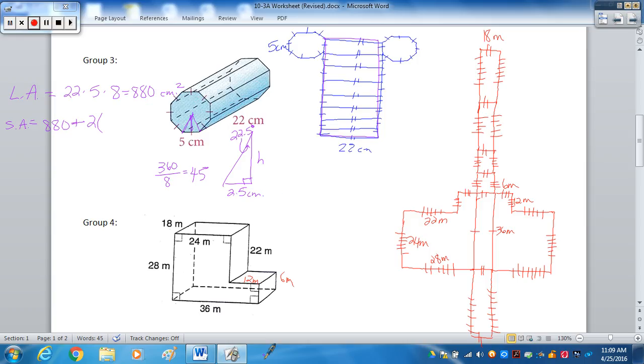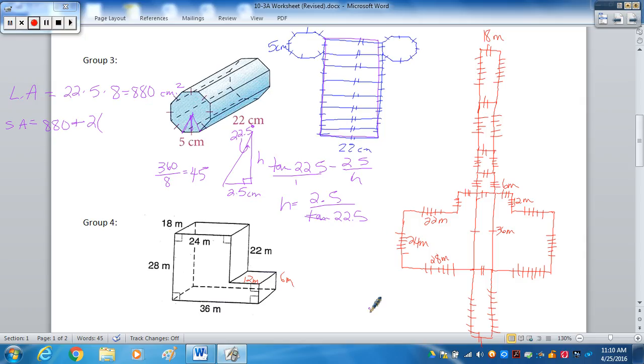And I can find the height by doing my tangent function. Okay, so we're looking at the tangent of 22.5 is equal to 2.5 over h. Okay. Now remember, whenever you have an unknown in the denominator over here, okay, you can work through all the algebra, but it's just going to be 2.5 divided by the tangent of 22.5.